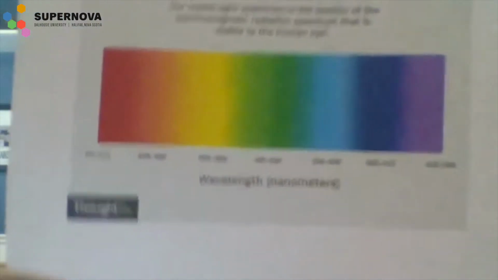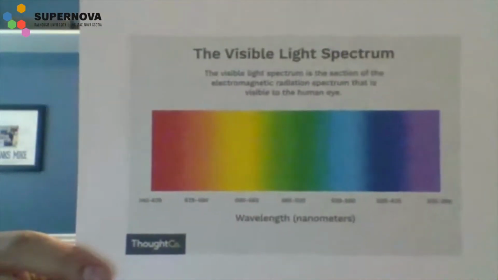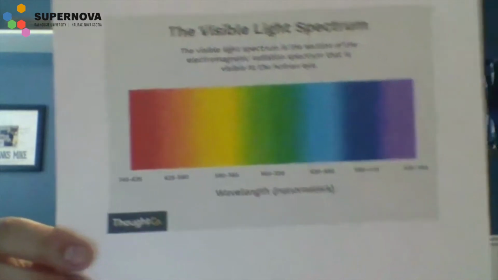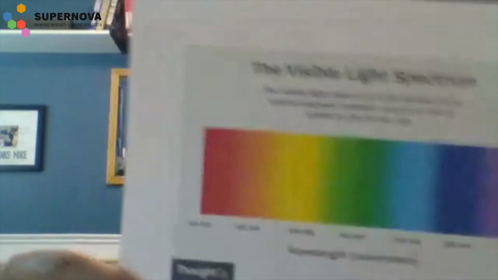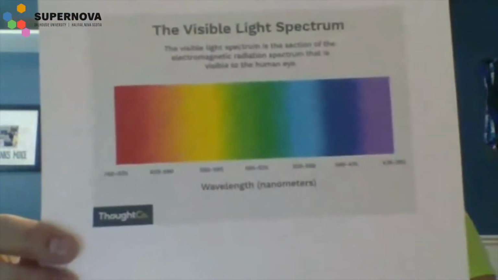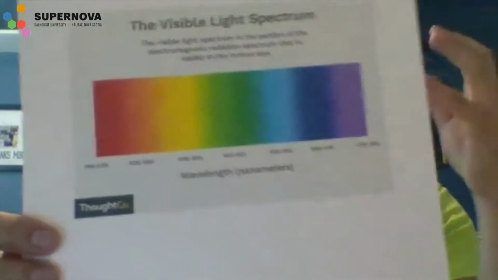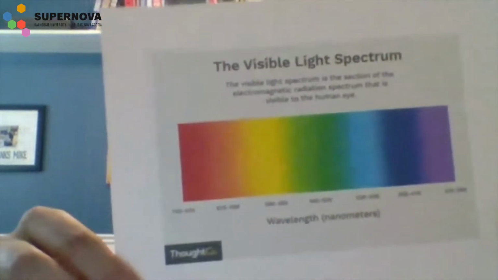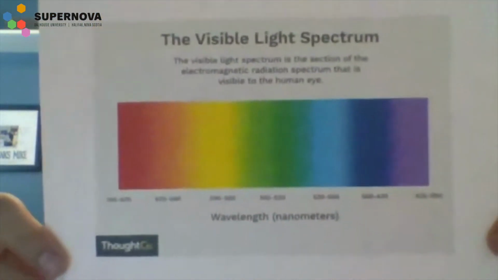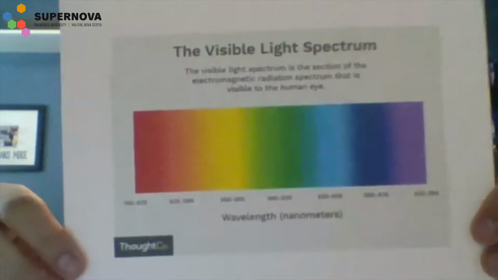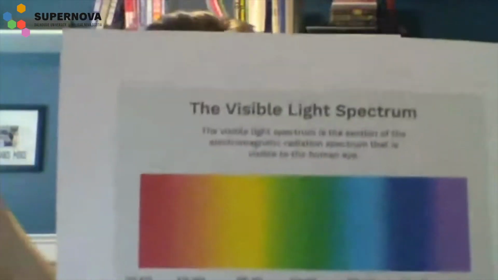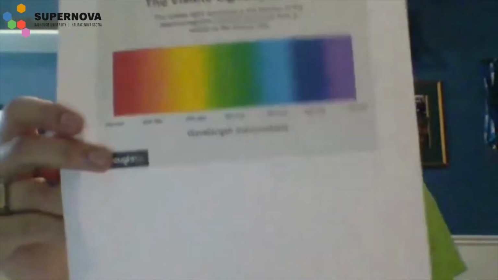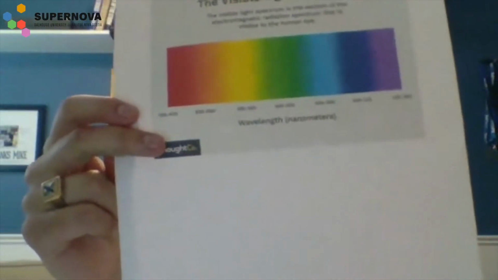If I show you this photo, you don't have to read it, but it's like a rainbow. This is the light spectrum, and every different color has a different wavelength. Our retinas, a part of our eye, determine the different wavelengths, and therefore we see color. That's the basic reason why we see color.